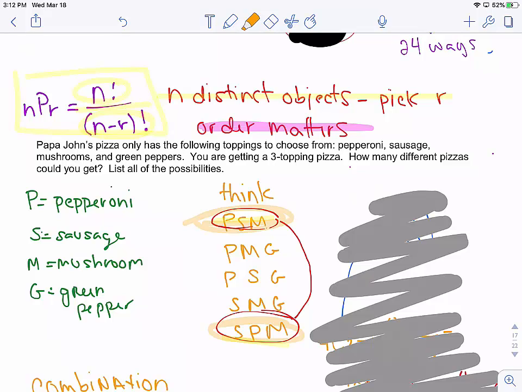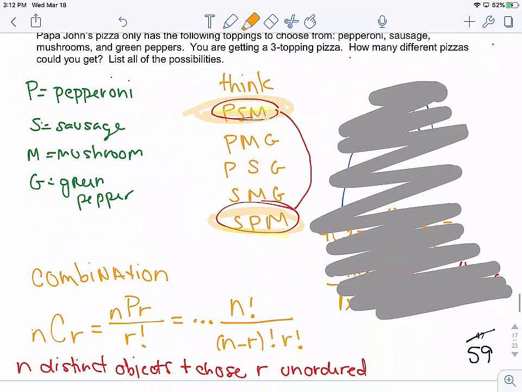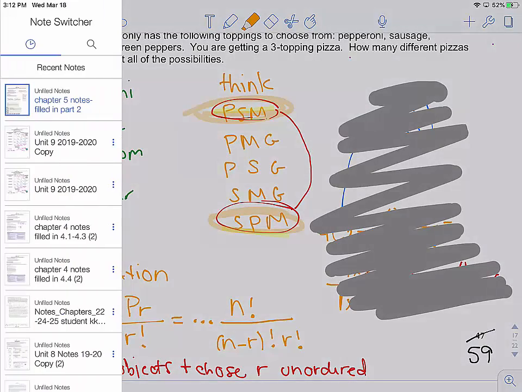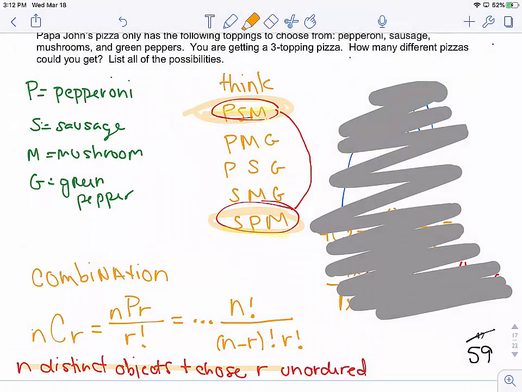So this is called a combination, and it's the same idea, except it's n objects, and you choose r of them, but order doesn't matter. So it doesn't matter in which order you pick them. If you pick pepperoni, sausage, and mushroom, you're going to end up with the same pizza as if you picked sausage, pepperoni, and then mushroom.